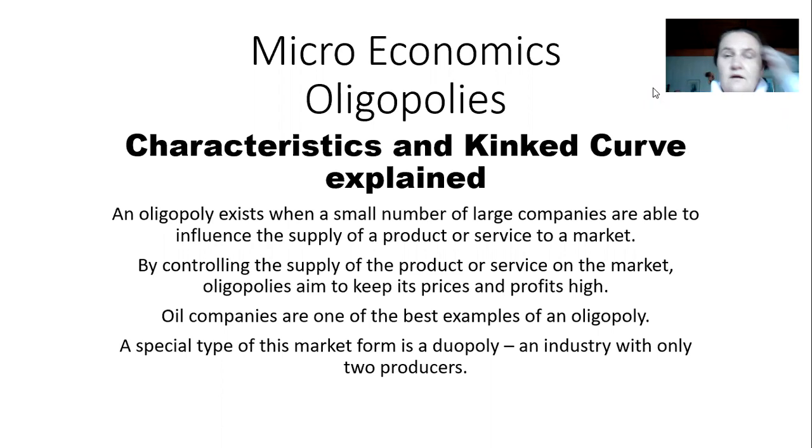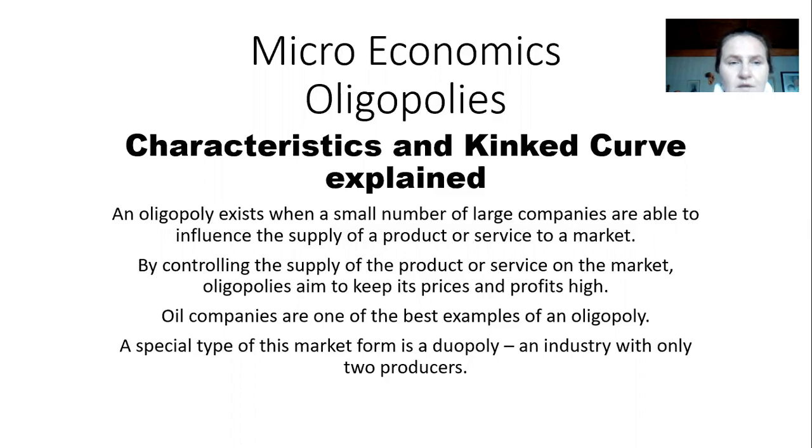Okay. Right. When we do oligopolies, you need to understand that it is basically similar to a monopolist. Okay. So if we do the same characteristics that you find in a monopoly, very similar characteristics will be found in an oligopoly. All right.